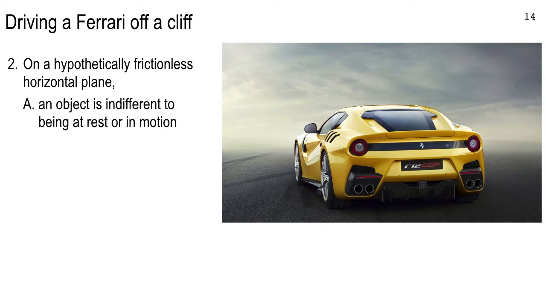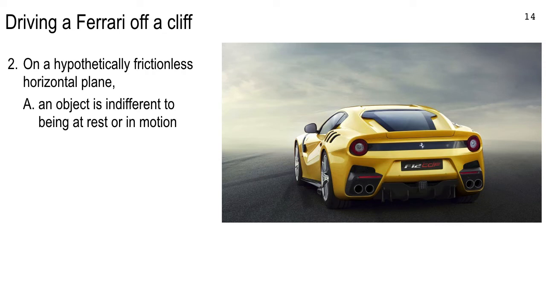So on this horizontal, okay, so it's horizontal. So that means it's not a ramp, it's just nice and flat, so gravity's not doing anything, okay? And it's frictionless. So if you get something going, if you push something up there and then let go of it, it'll just keep on going at that speed where you push it off.